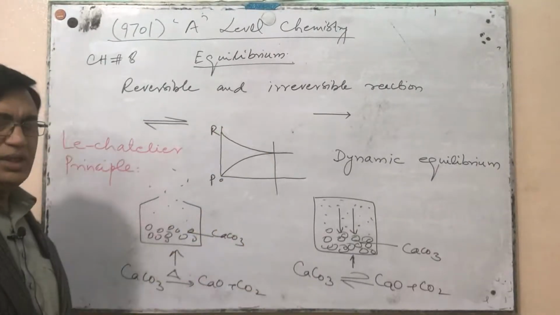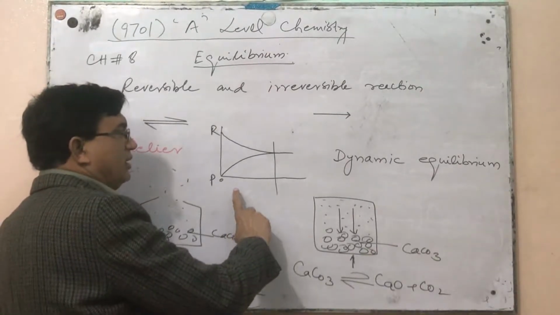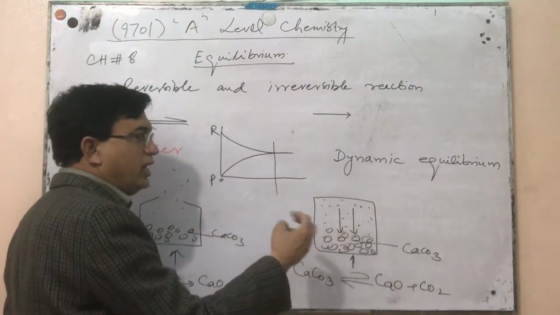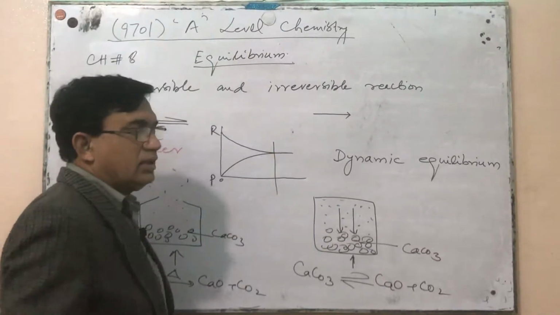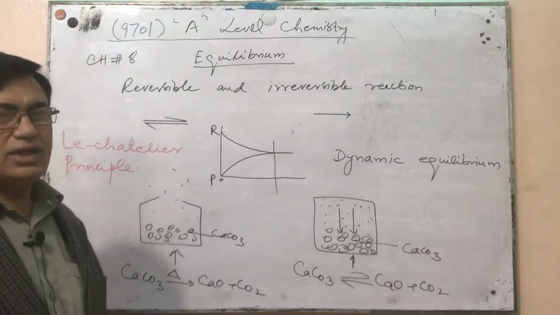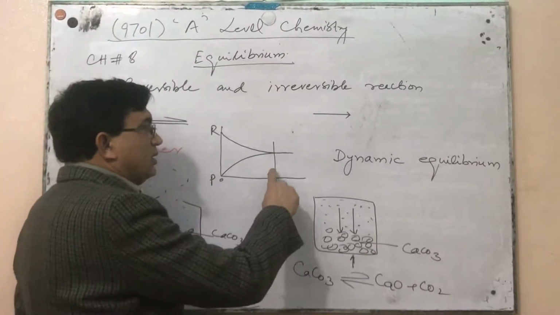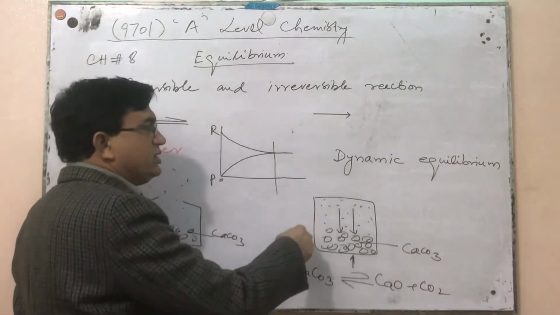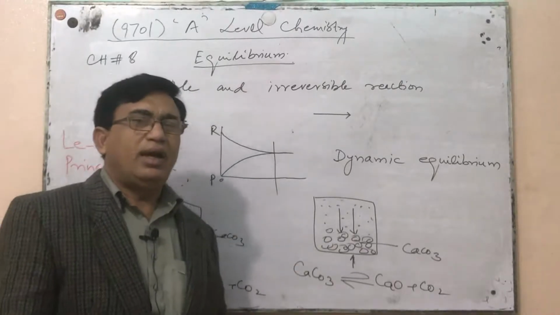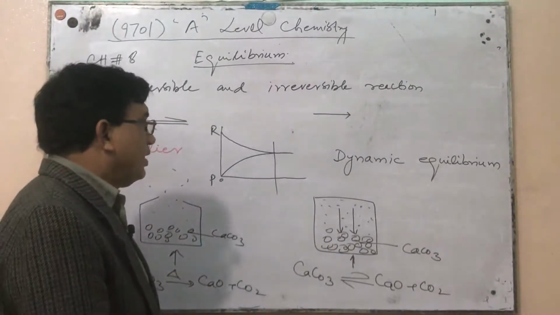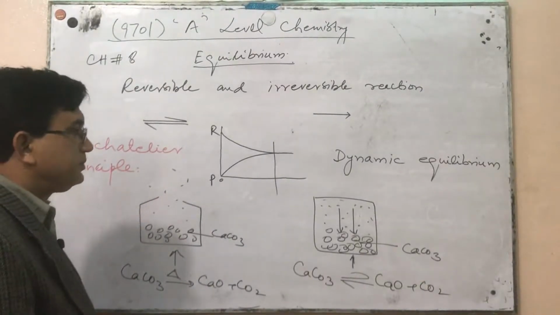If both reactants and products are interconverting with one another and the reaction is proceeding in both forward and backward direction, then automatically a point will be reached where the concentration of the reactants will become constant, and if at that point reactants are changing into products and products are changing into the reactants, then at that stage we will call this equilibrium or dynamic equilibrium.